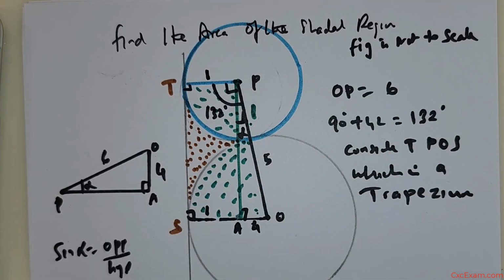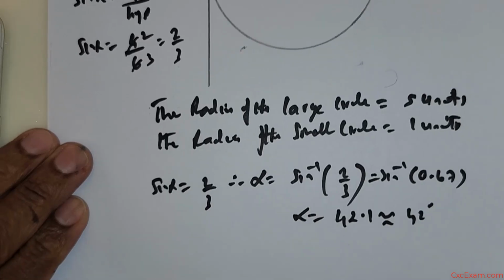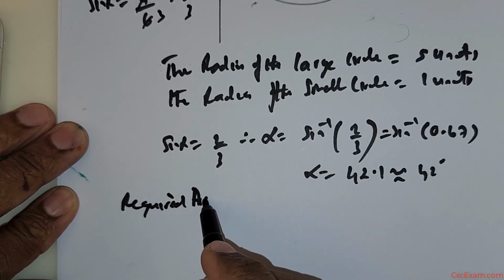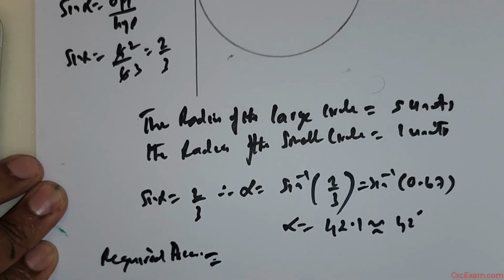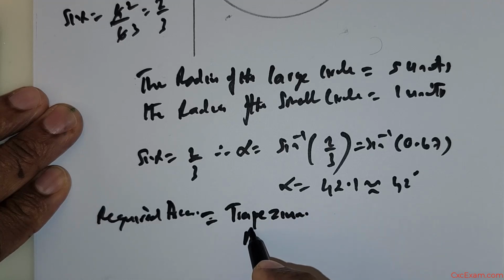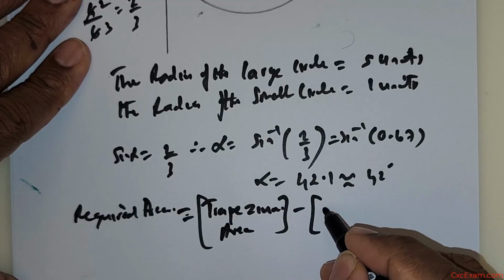So you can go through this and see if we are on the right track. So let me write the formula. Required area is going to be, from trapezium area you subtract the area of the 2 sectors.